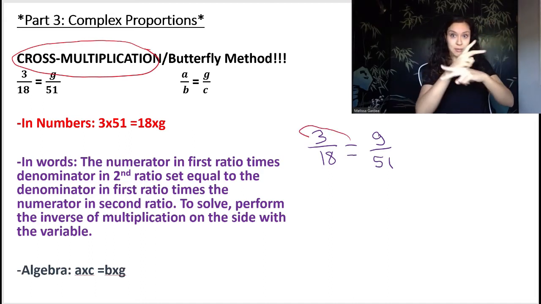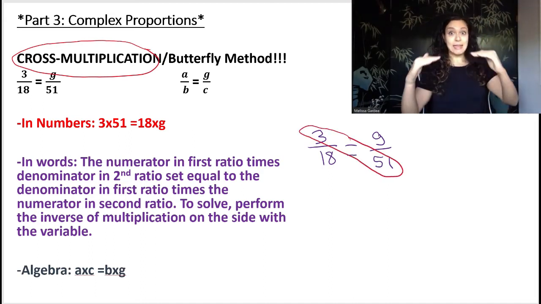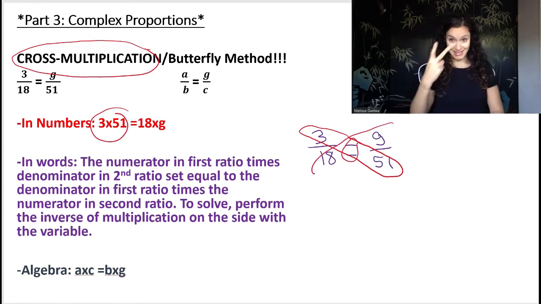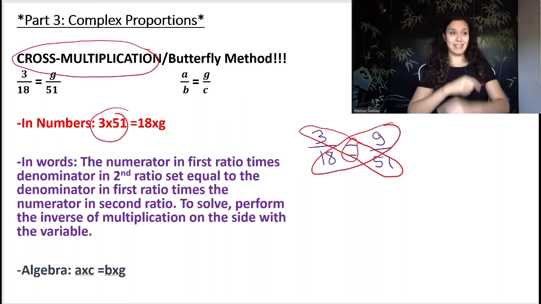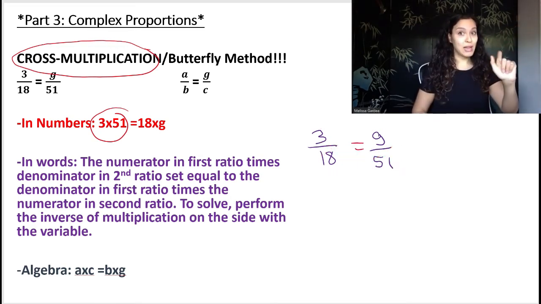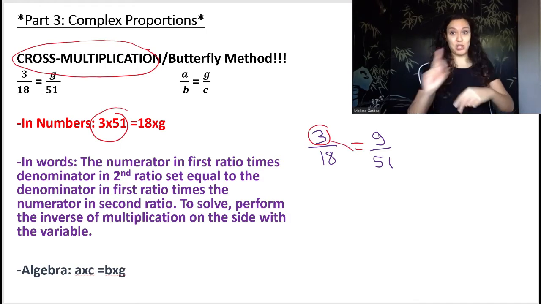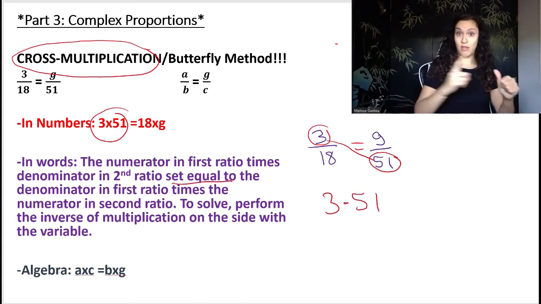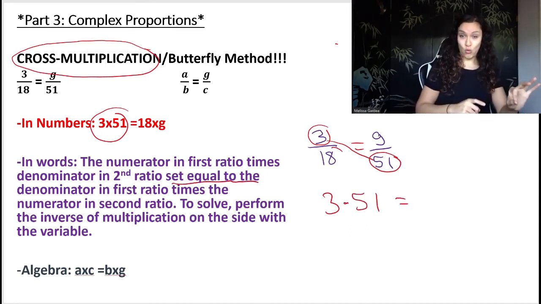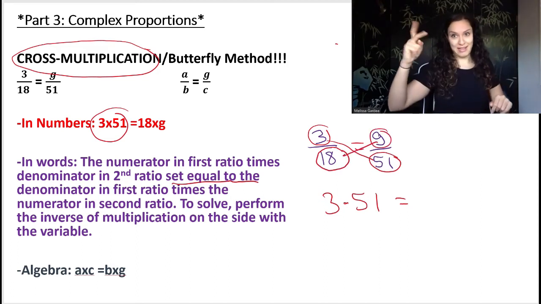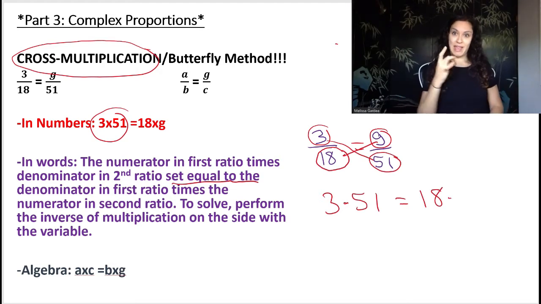When I'm making a cross, 3 times 51, so that's what it says right here, equals 18 times G. So it's the numerator of the first ratio times the denominator of the second. So 3 times 51 set equal to the denominator of the first ratio times the numerator of the second ratio. So 18 times G.